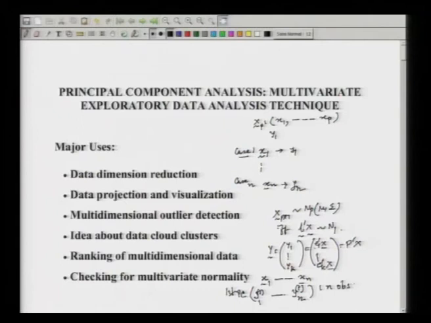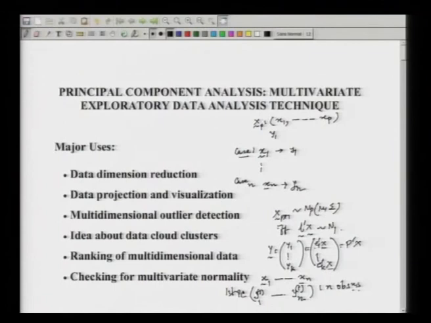So basically you now have a sample of size n from a univariate normal distribution. You have to check whether it is actually coming from a univariate normal distribution, and we all know there are certain ways, plots and other things, from which you can check it.